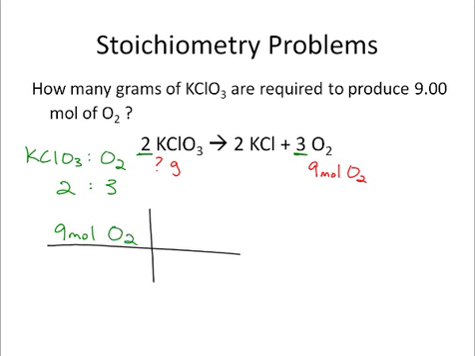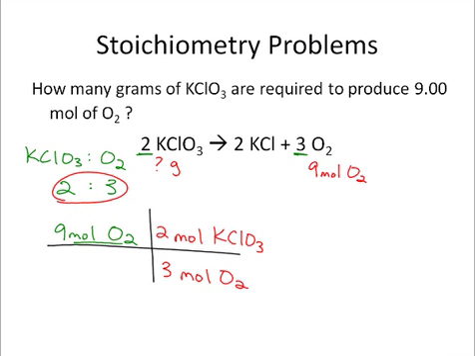Just like last time, I know that I have to cancel this unit out, moles oxygen. So I'm going to cancel it out by putting it in the denominator. And I can turn it into moles of the potassium chlorate using the ratios that we came up with from our balanced equation. Make sure you put those in the right place. And these units cancel out, so moles of oxygen cancels out. So if I stop right now, I'd end up with moles of KClO3.